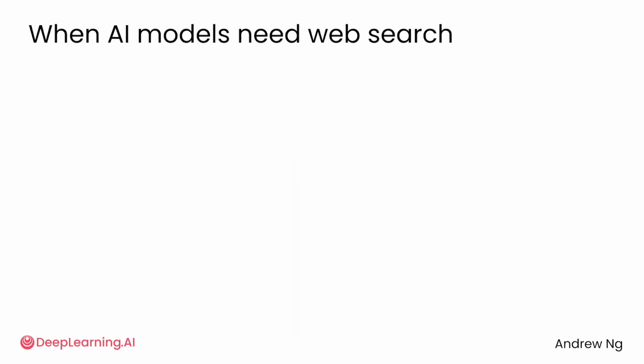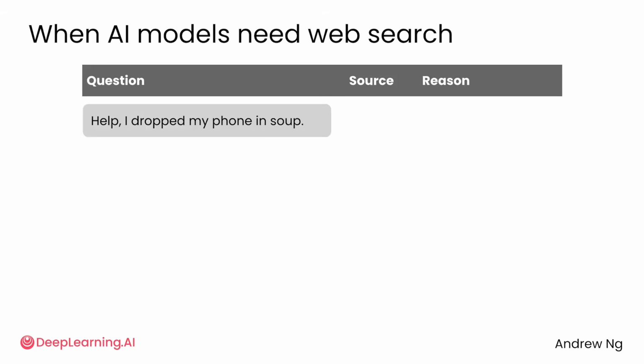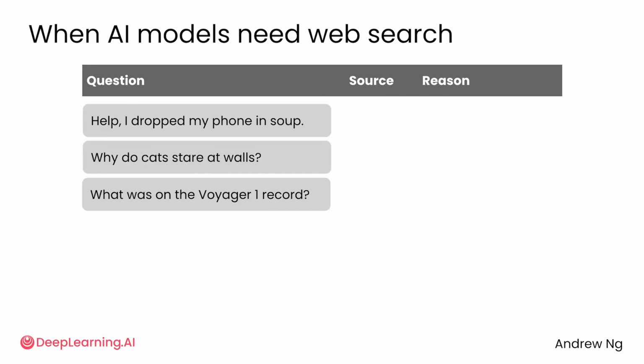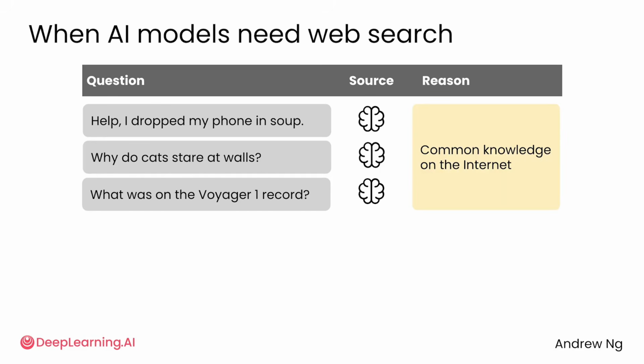Let's take a look more broadly at when an AI model needs to do some web search to gather more information to answer your question. If you're asking what to do if you drop your phone in soup, or why do cats stare at walls, or what was on the Voyager 1 record in outer space, then these questions it could probably answer using this pre-trained knowledge, because these are represented in common knowledge on the internet.